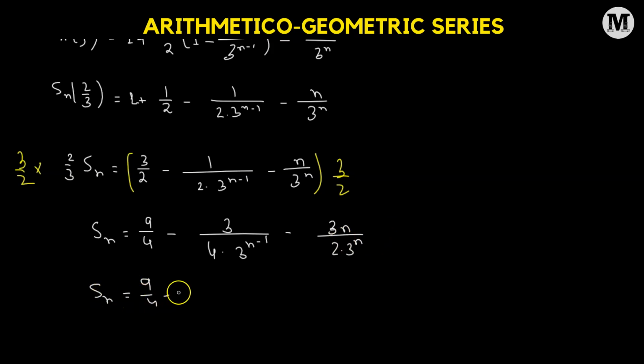We have 9/4 minus, we're going to combine the 3 from the numerator with the 3 in the denominator. So that's going to give us 1 divided by 4 multiplied to 3 raised to the power of n minus 2. Minus, similarly, we can combine the 3 from the numerator with the 3 raised to the power of n in the denominator to get n divided by 2 times 3 raised to the power of n minus 1. And this is going to be the final sum of the arithmetico-geometric series.